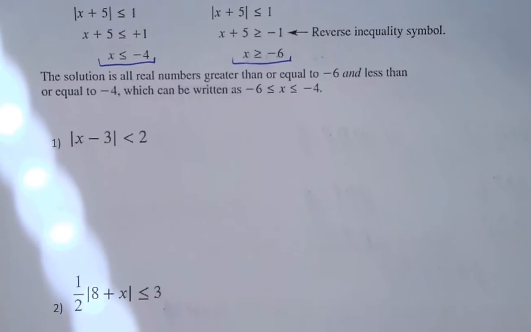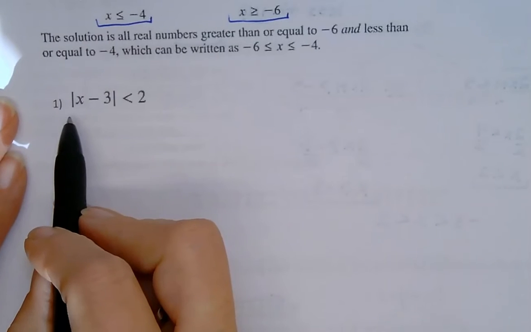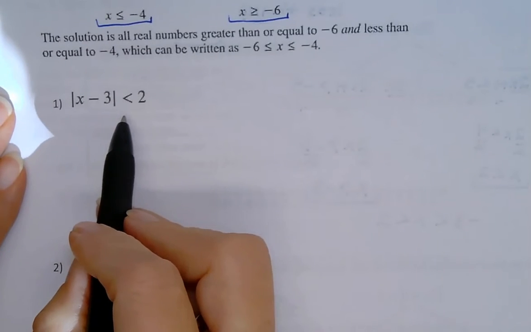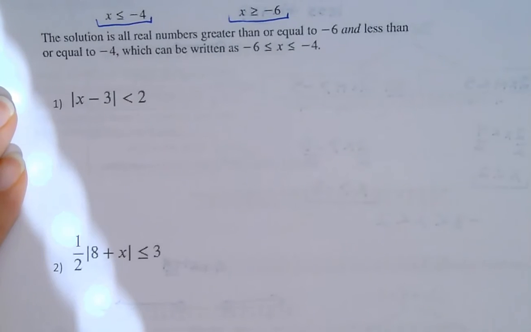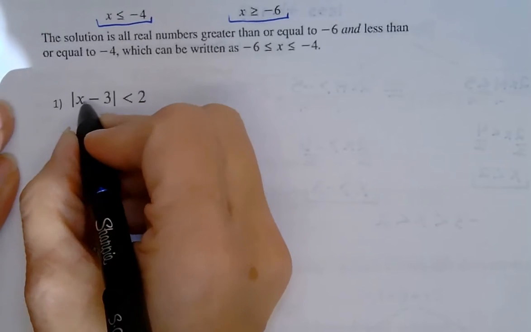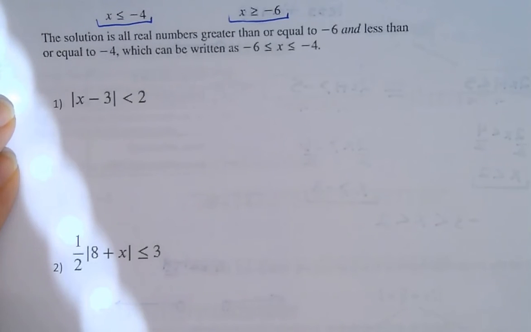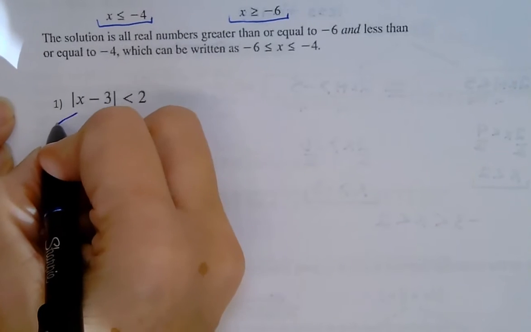So we're going to look at some examples down here. Number 1, I have absolute value of x minus 3 is less than 2. And so I already have my absolute value isolated. I always have to isolate and split, right? So I'm going to isolate. X minus 3 is isolated already, and now I'm going to split. With inequalities, I will split.